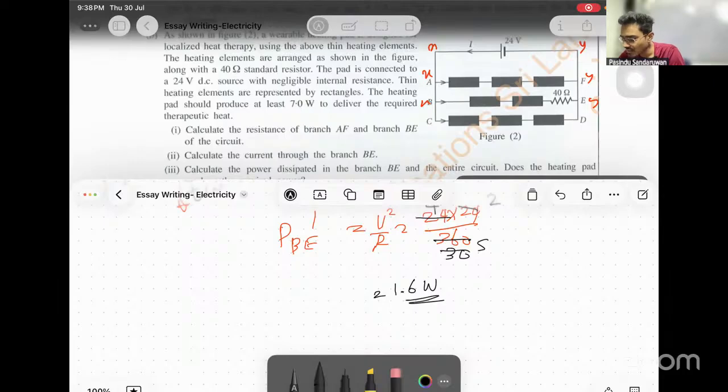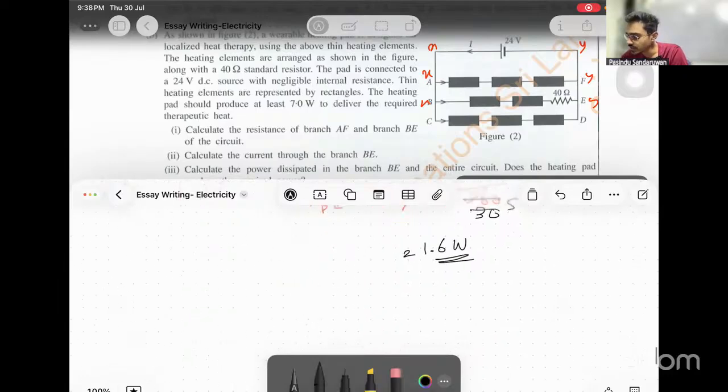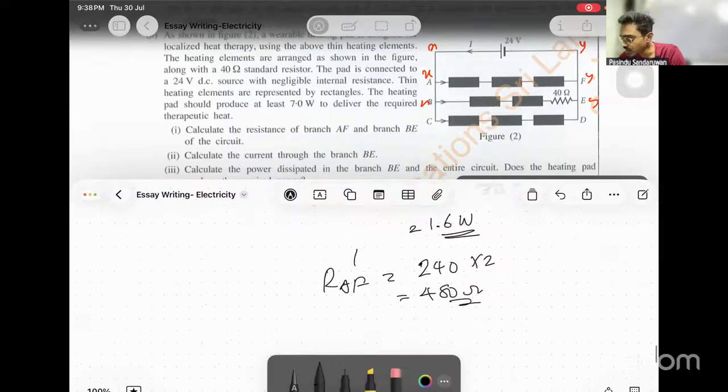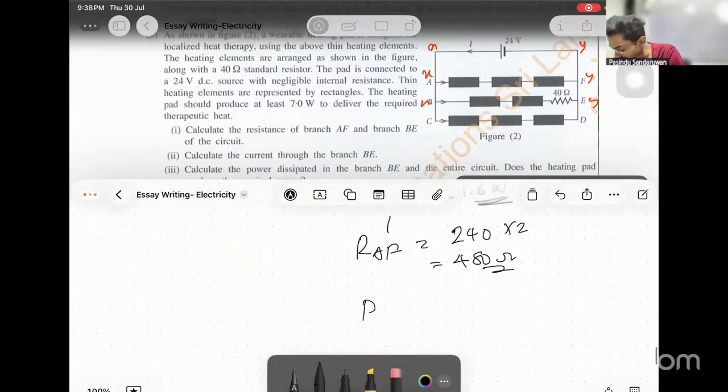And for the other two, when resistance is doubled, the new resistance of AF is, previously it was 240, now it is doubled, so it becomes 480 ohms. Since resistances are equal, power of AF equals power of CD.